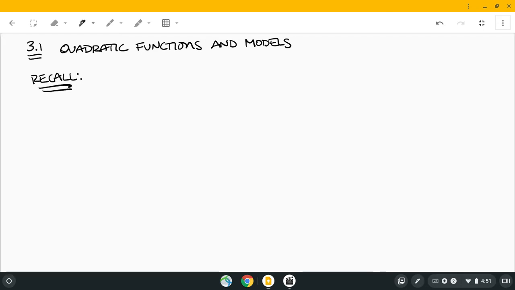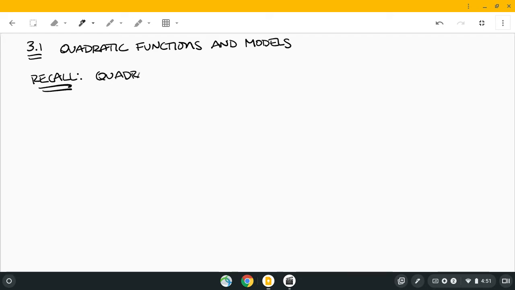Okay, so 3.1 quadratic functions and models. All right, so let's recall what a quadratic function looks like.